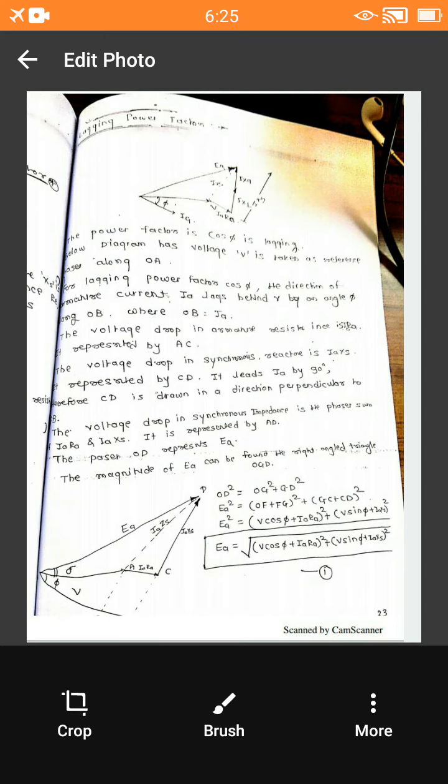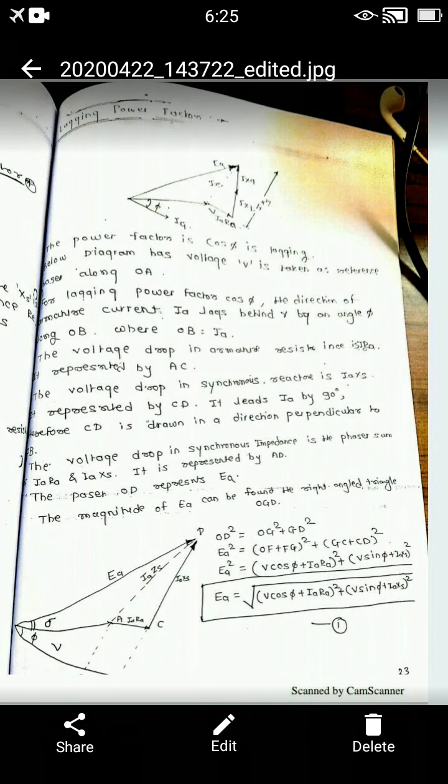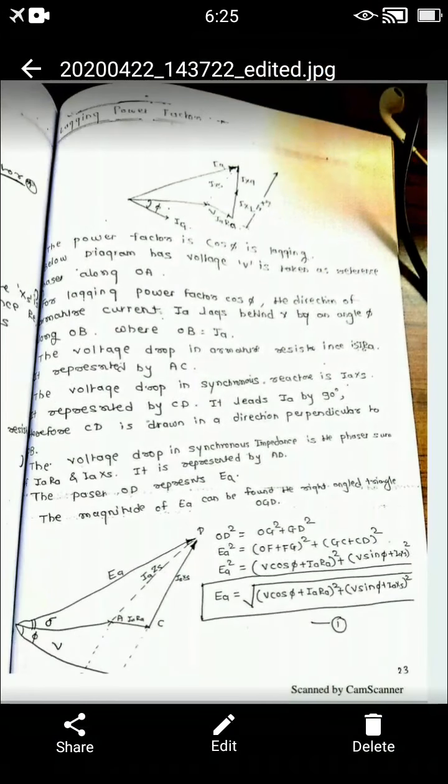For OF, we know the cosine of an angle is the ratio of the adjacent to the hypotenuse.